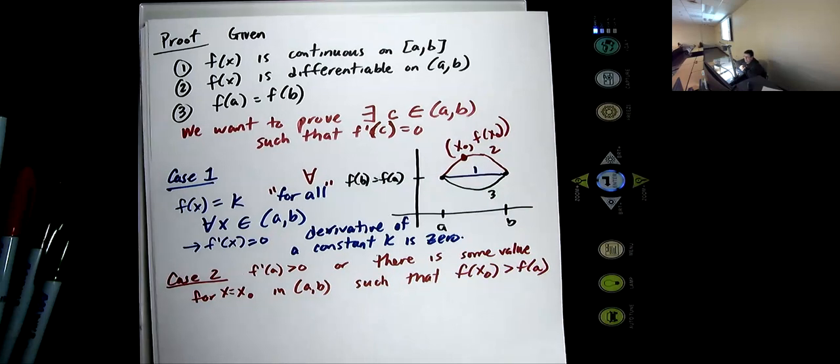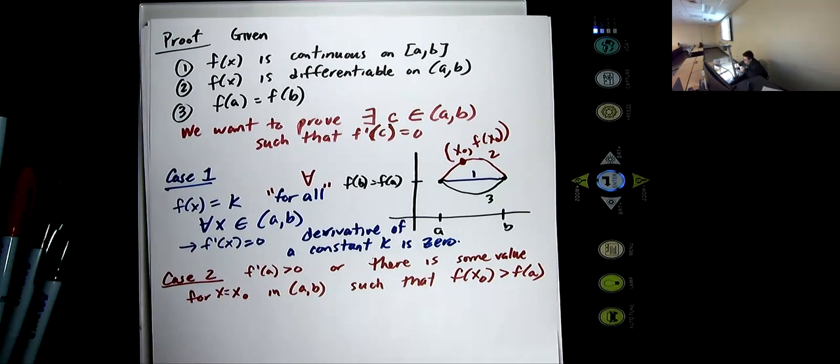Like that, some point like that. It doesn't have to be the endpoint. The point is that there is a value above the two points.